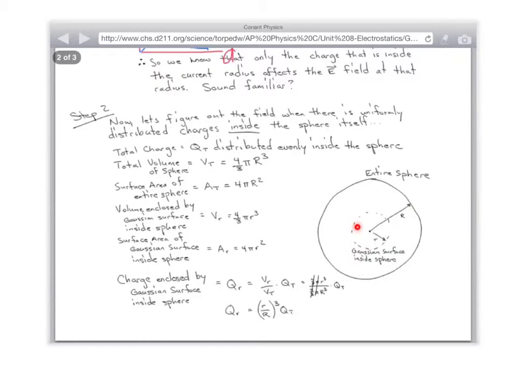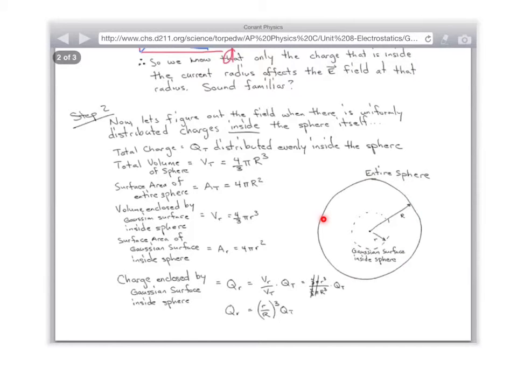Charge density would be the total charge of the sphere divided by the total volume of the sphere. So the charge enclosed by this little surface is the volume of the little sphere divided by the volume of the big sphere times the charge of the big sphere.